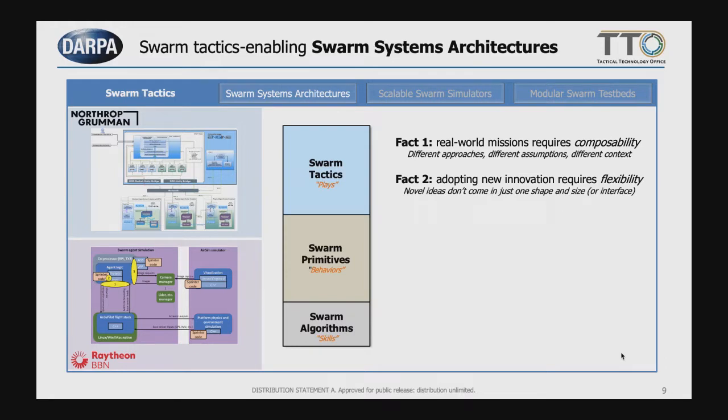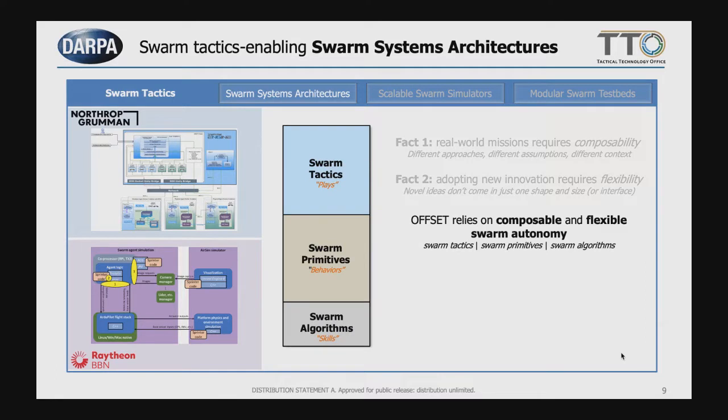And so really the takeaway message for OFFSET swarm system architectures is the ability to take those contributions that might originate outside of the performers, outside Northrop or Raytheon internal, but rather from a broader array of different developers and researchers wanting to contribute. And so the takeaway here is that these architectures need to have that composability and flexibility, and to do so at the appropriate layers of autonomy, whether they all reside at the swarm tactics level or ultimately include some of the contributions at the primitives and algorithms levels.